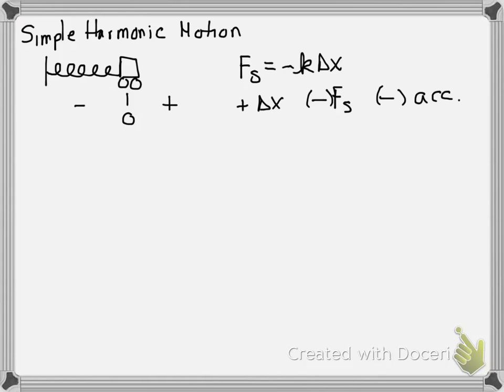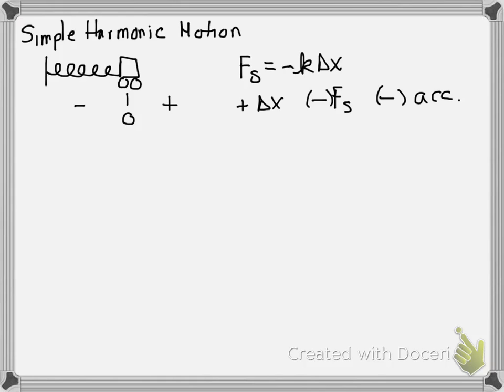So a negative direction for force means negative acceleration, because the direction of the net force and the direction of the acceleration must always track together. So that object has a negative acceleration. If it's anywhere to the right of 0 in the positive position, then you will have a negative force, negative acceleration.